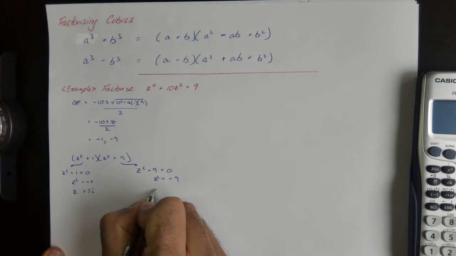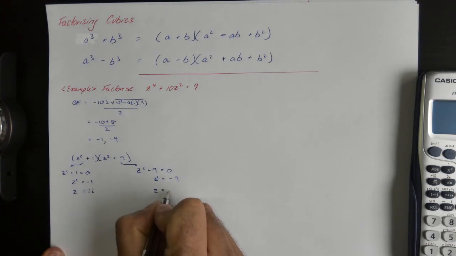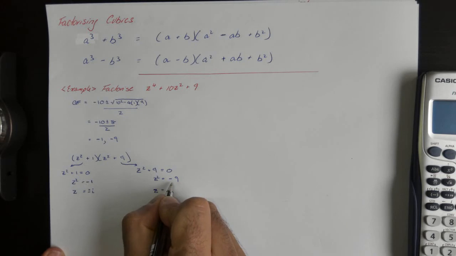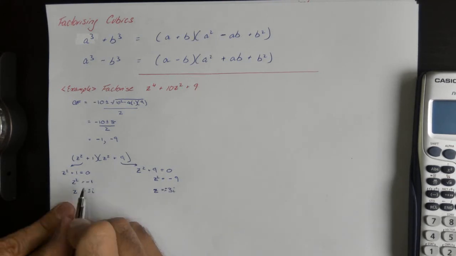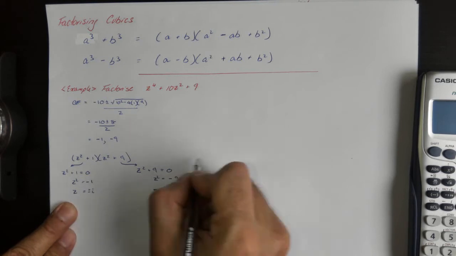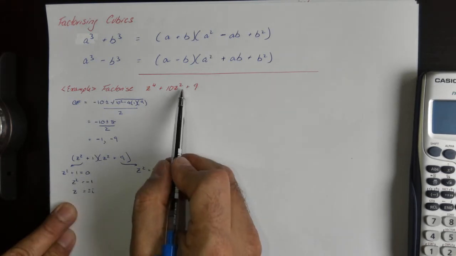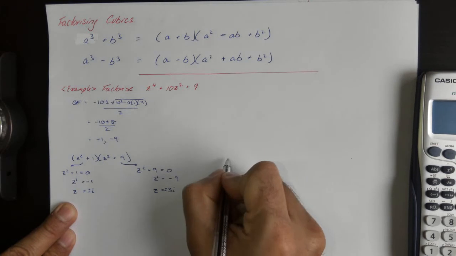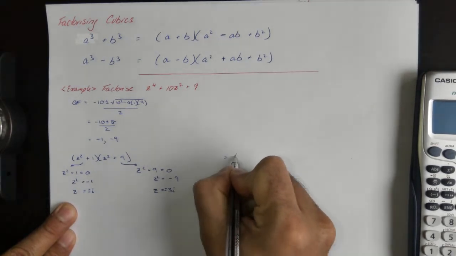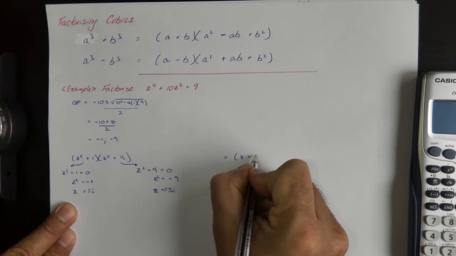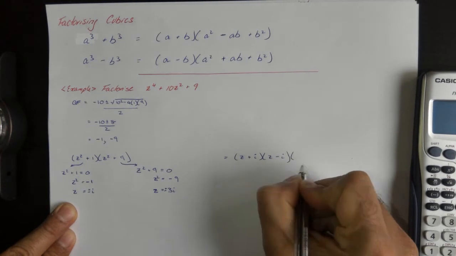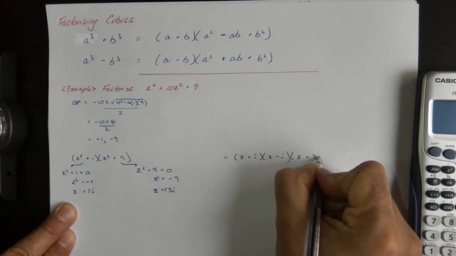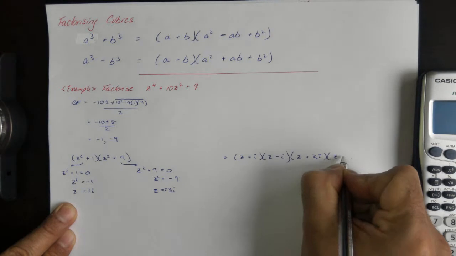For the other one, the square root of negative 9 gives plus or minus 3i. So the factorization of the quadratic over the complex numbers is z plus i, z minus i, the conjugate pairs, with z plus 3i and z minus 3i.